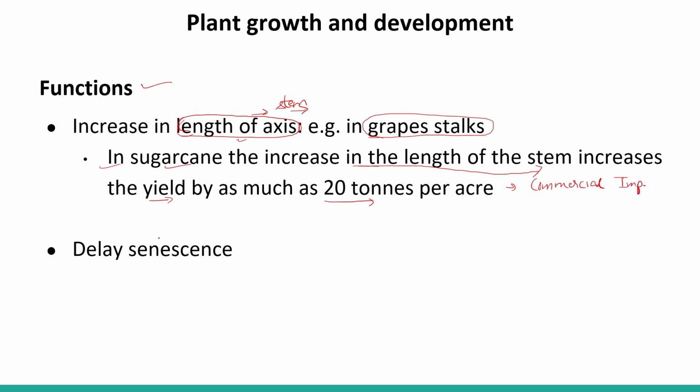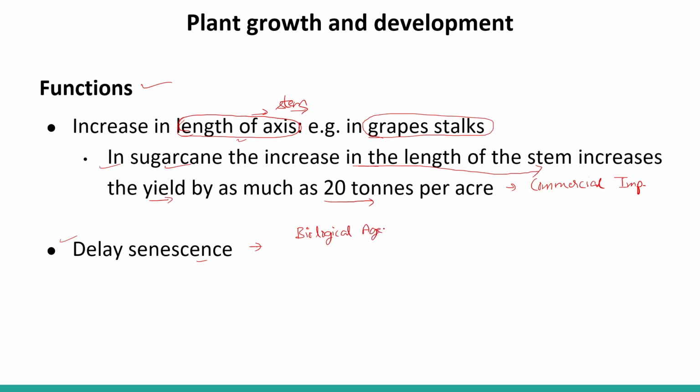Another important function of gibberellins is the delay of senescence. So let's talk about senescence. What is senescence? Senescence is also known as biological aging.